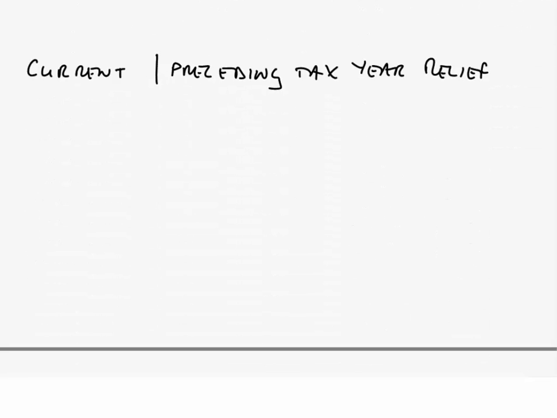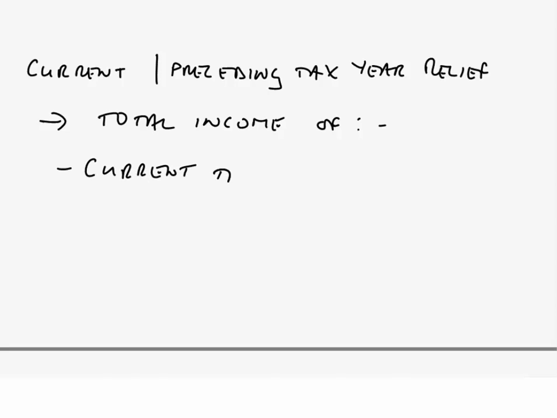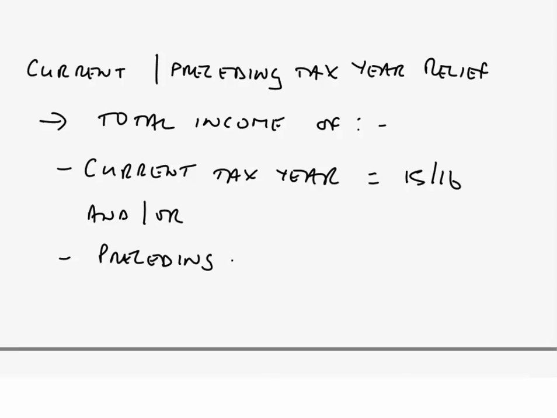So let's just make a note of what that is. Set off against, we target total income of current tax year. What is the current tax year? It is 15/16, and or the preceding tax year.